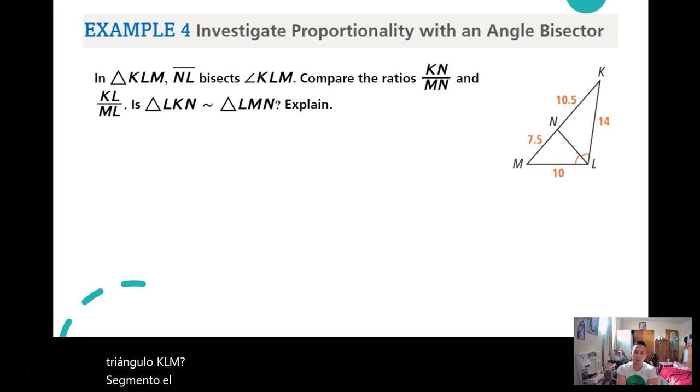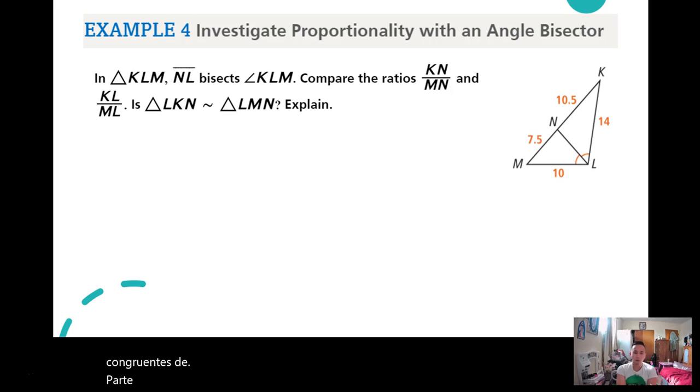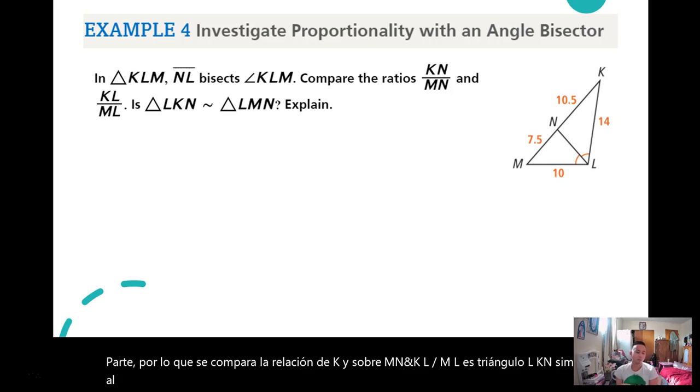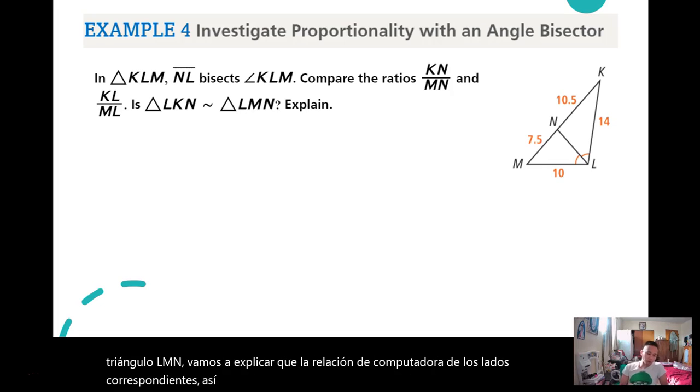When we say bisect, it divides the angle into two congruent parts. Compare the ratio of KN over MN and KL over ML. Is triangle LKN similar to triangle LMN? We're going to explain that. Compute the ratio of the corresponding sides for the given measures.